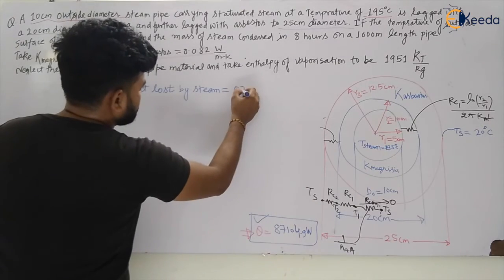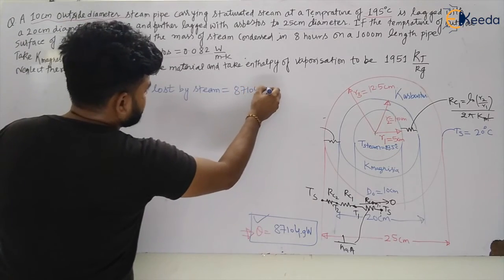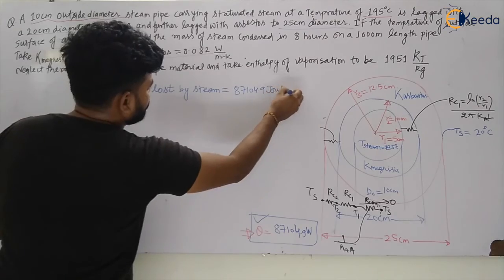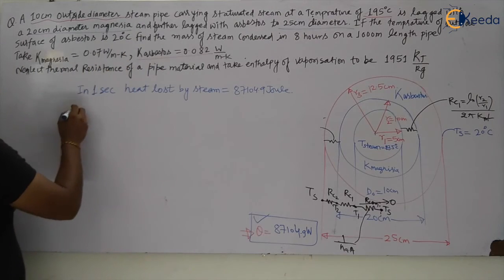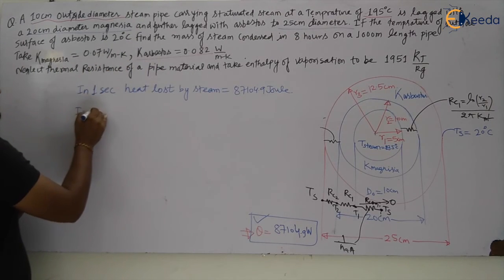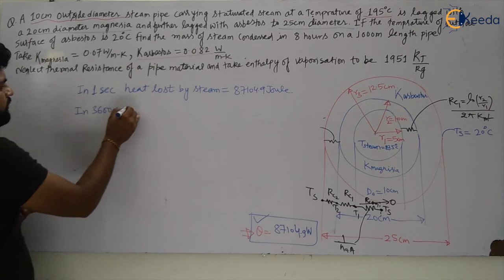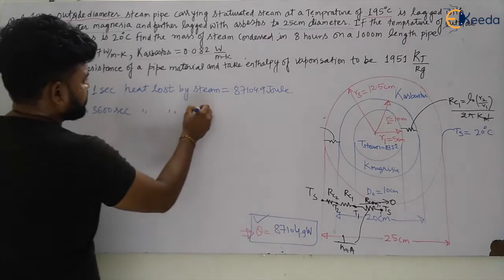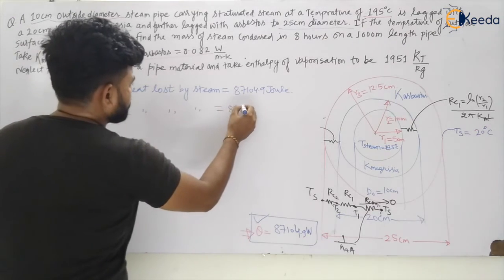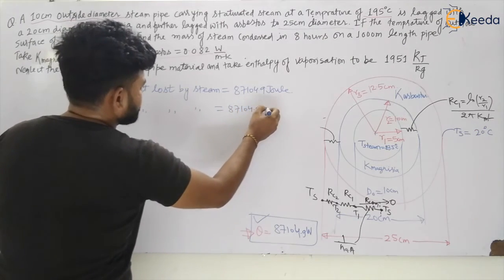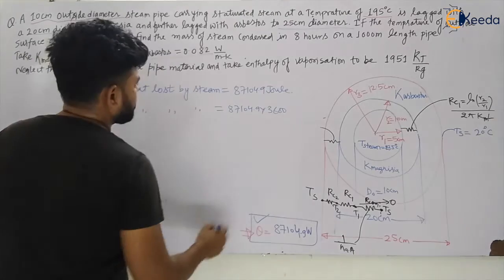This is your 87104.9 joule, my dear students. Okay, now in 3600, that is your 1 hour, seconds, the heat lost by steam will be equal to how much? 87104.9 into 3600. Okay, joule.